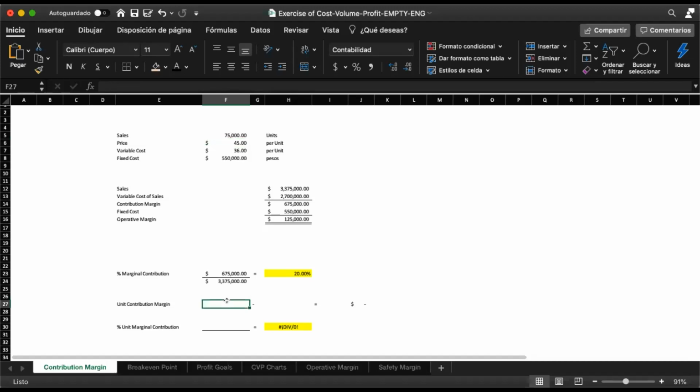What about the price? Like this minus this. Okay, try it, put it there, and see if the unit contribution margin with those two gives you the same as with the total. And it gives you the same, you were correct.